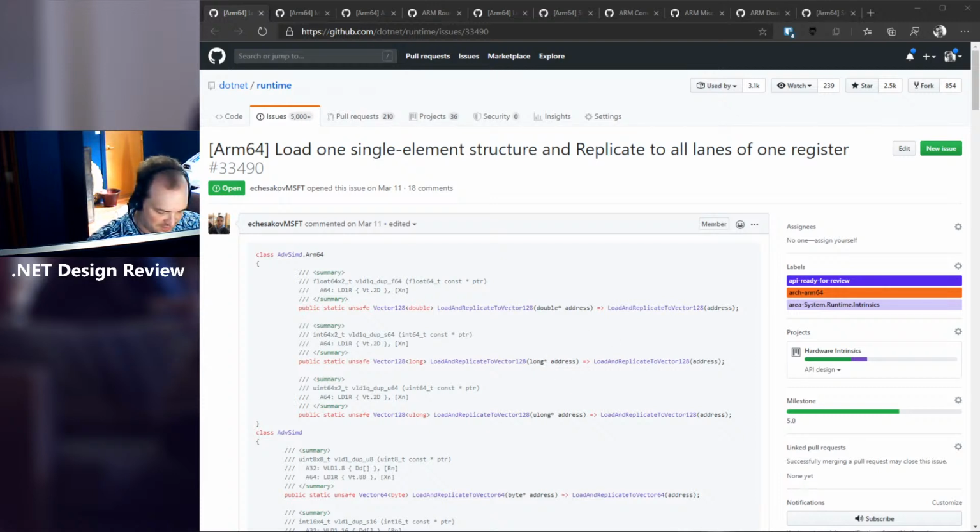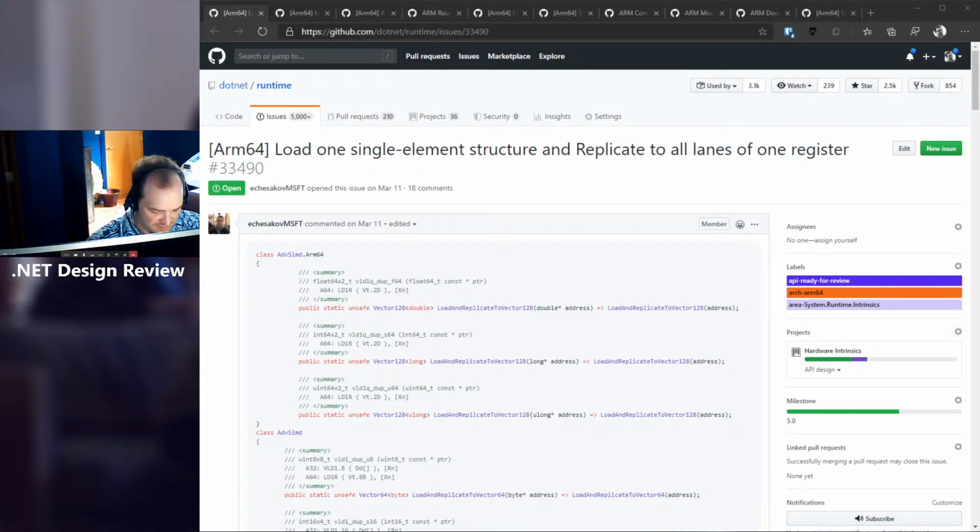This first set of APIs load a scalar and replicate it to every element of the vector. For x86, these are called broadcast scalar. We're matching the underlying naming used by ARM here, so it's load and replicate.